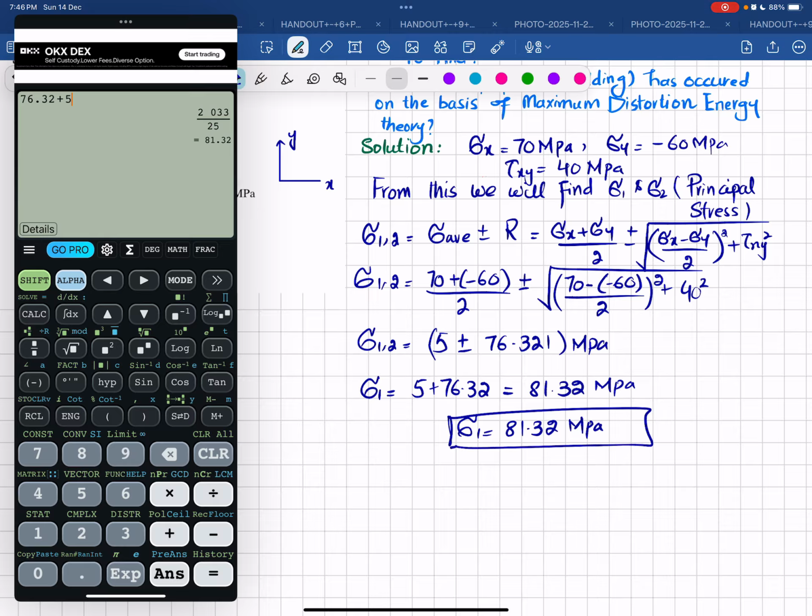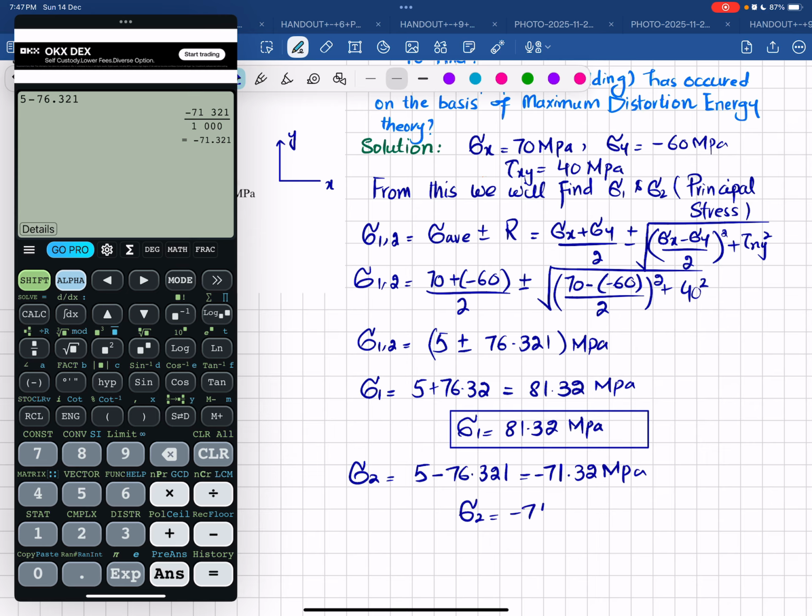Now we'll find sigma 2, and we know that sigma 2 will be equal to 5 minus 76.321, and when you calculate 5 minus 76.321 that is equal to minus 71.32 megapascal. So again, sigma 2 is minus 71.32 megapascal.